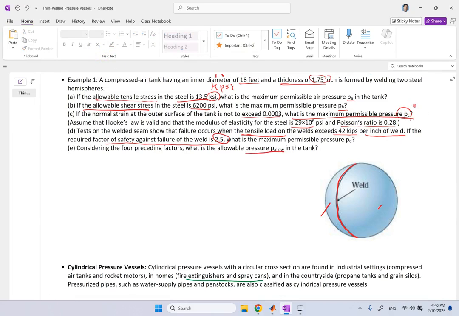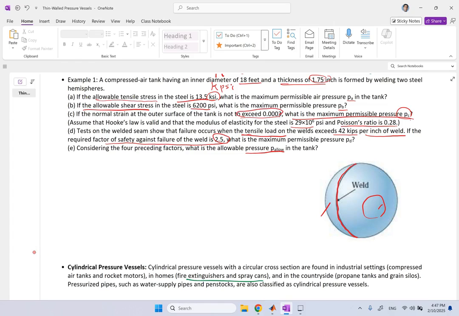So you see, in order to determine the maximum allowable pressure, you have to consider several things. The maximum normal stress in the tank material should not exceed the maximum value sigma allowed. The maximum shear stress should not go above the maximum allowed shear stress. So we are looking at both methods of failure: maximum normal stress and maximum shear stress. We also make sure that the normal strain doesn't go any more than that.